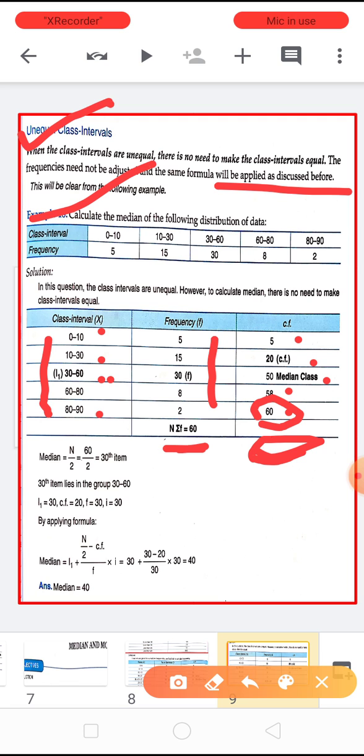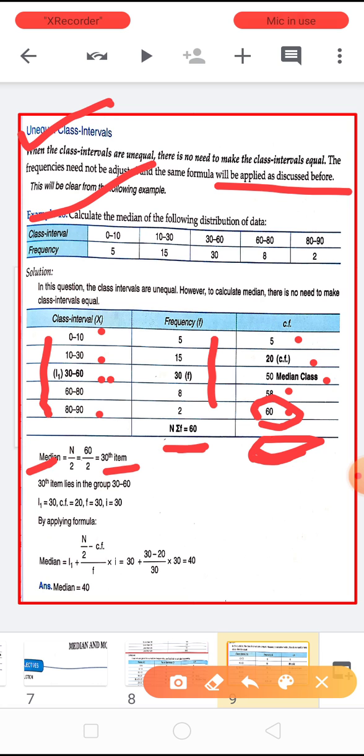So once both these values match, then our next step is we need to calculate the median item, that is M. The median item is equal to size of n by 2 item. Now n here is 60, and 60 divided by 2 is the 30th item. So children, we will observe in the cumulative frequencies where this 30th item lies.